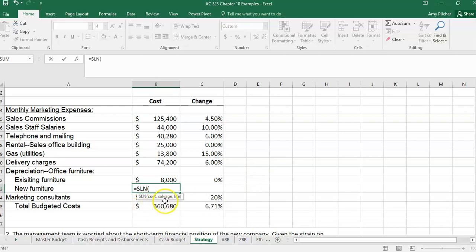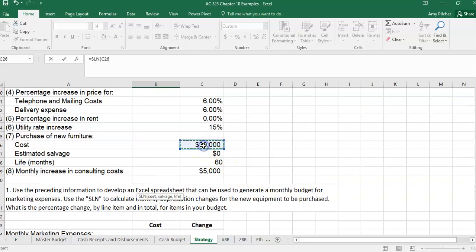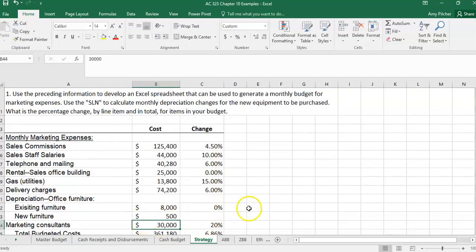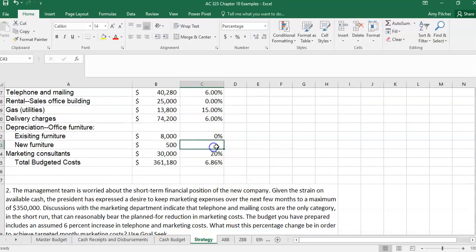Then we want cost, comma, salvage, comma, life. So we come up here to our information, cost, comma, salvage, comma, life. Close our parentheses, and it will return what our depreciation expense is. That is 100% change because we didn't have that expense before.